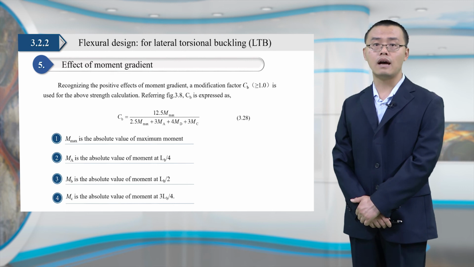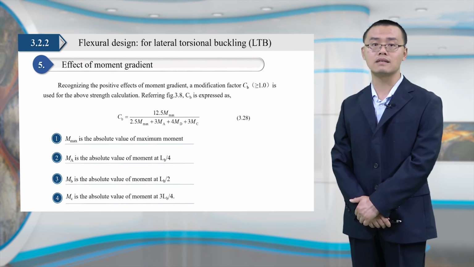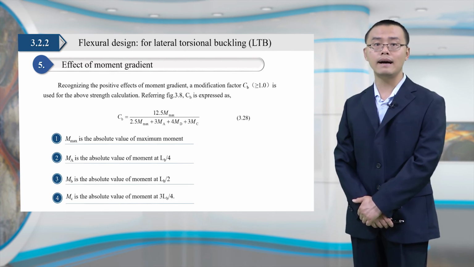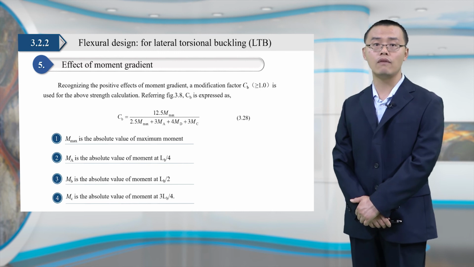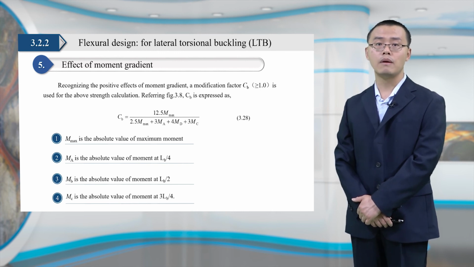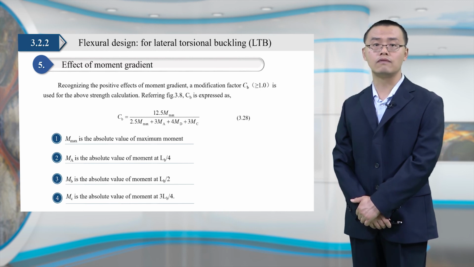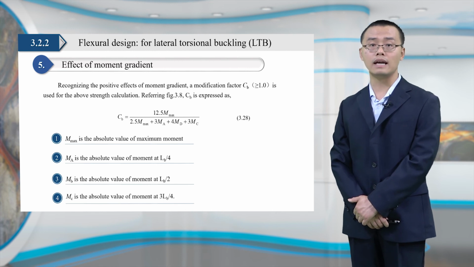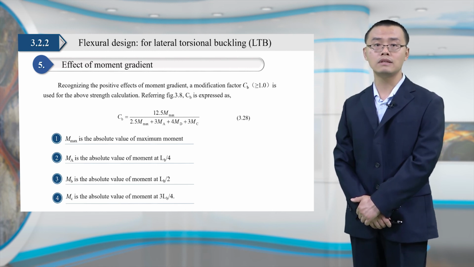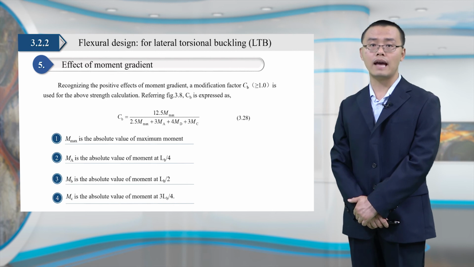M_max is the absolute value of the maximum moment. M_A is the absolute value of moment at L_B over 4. M_B is the absolute value of moment at half L_B. M_C is the absolute value of moment at 3/4 L_B.